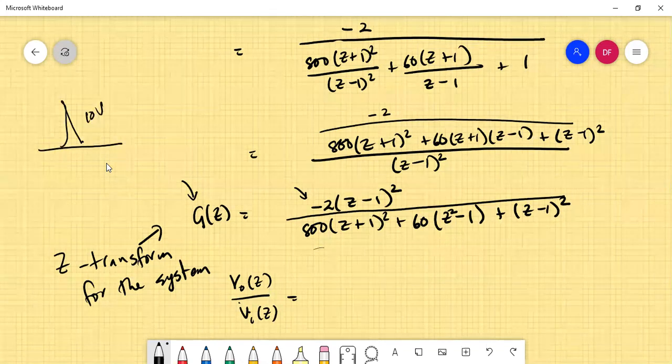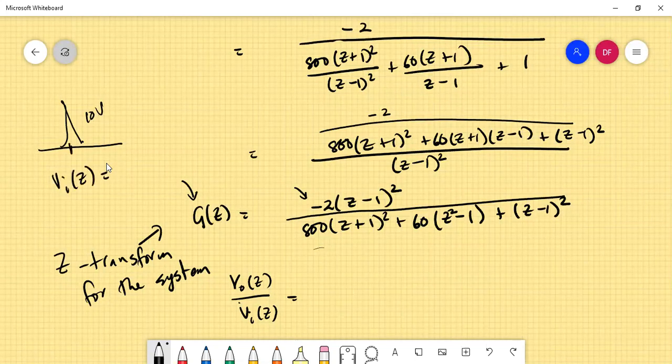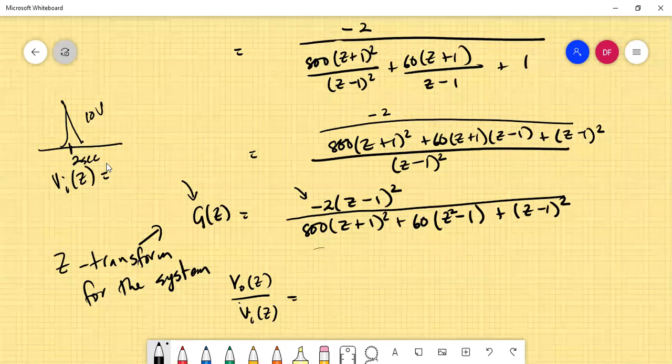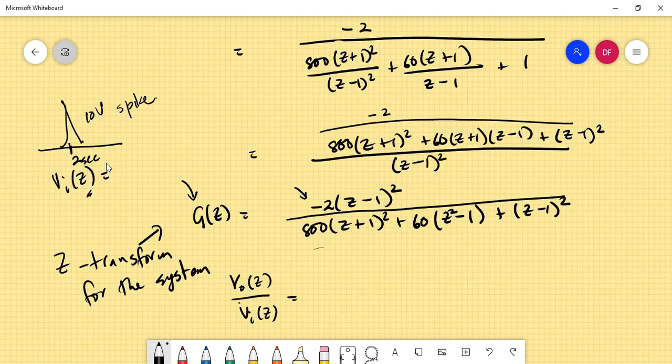Then what would my V in of Z be equal to? And the voltage spike occurred at t equal 2 seconds. What would I write for my V in in terms of Z? Let me write it in terms of k first of all. What would I write in terms of k?